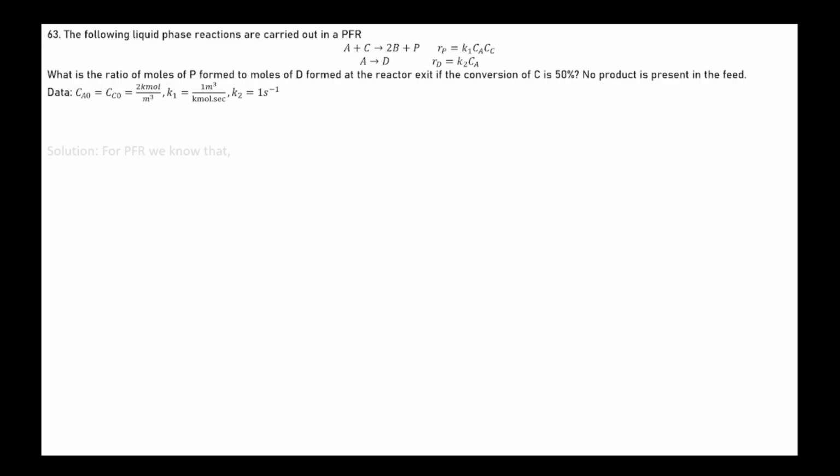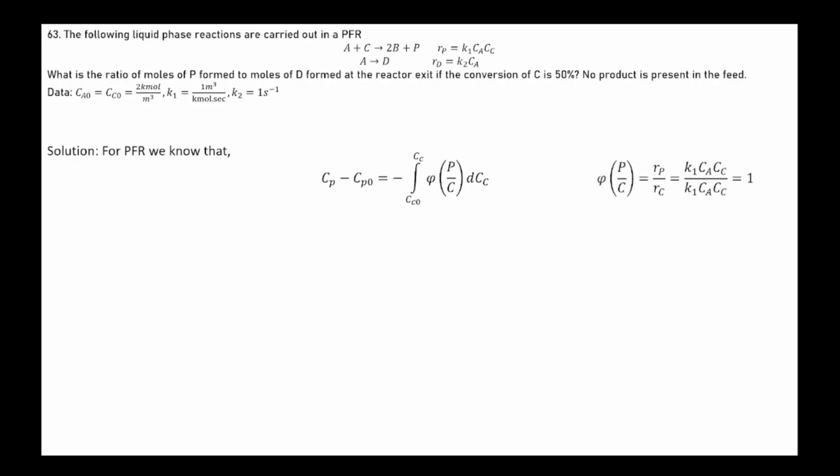Okay. So very first, we know that for PFR, the equation for parallel reactions, in which we are dealing with selectivity and yield. So this is psi P upon C. What is the value of selectivity? Selectivity of product with respect to the reactant which is reacting.